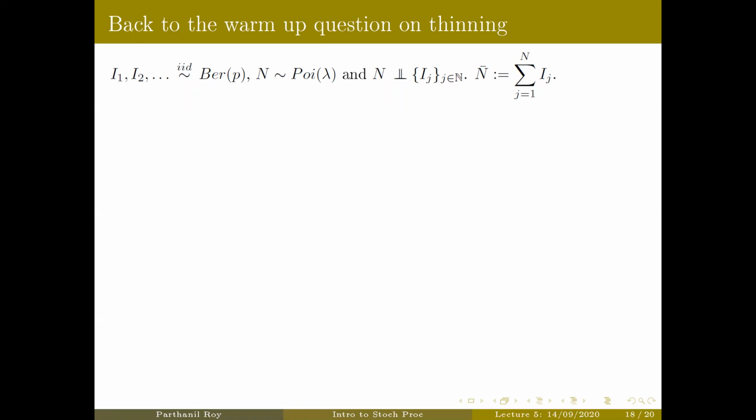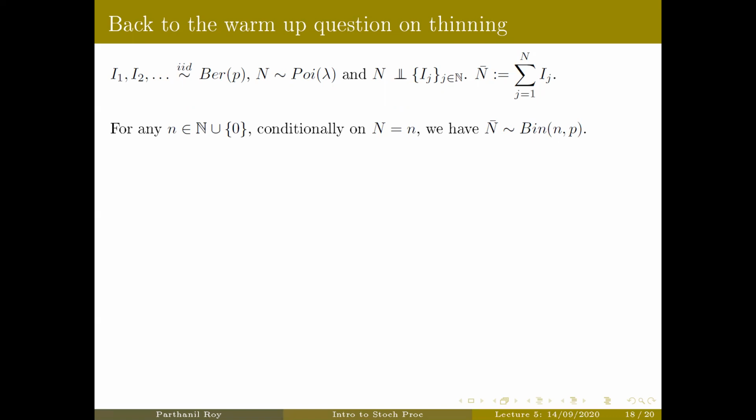We have already gone through this. We want to compute the distribution of N bar, and what we have observed is that for any non-negative integer small n, conditionally on capital N equal to n, N bar follows a binomial distribution with parameters n comma p.